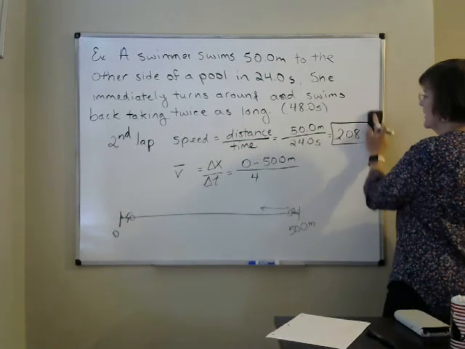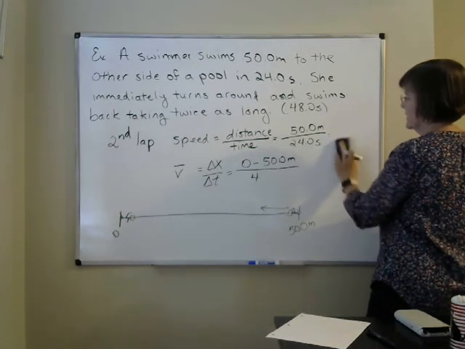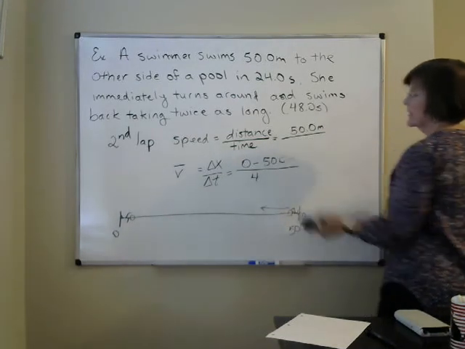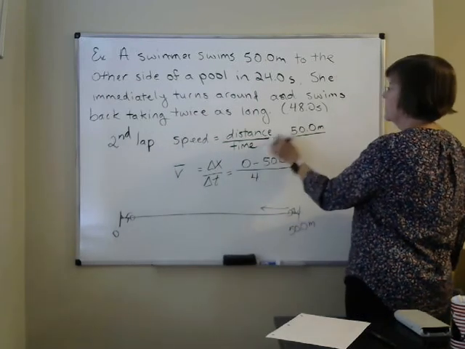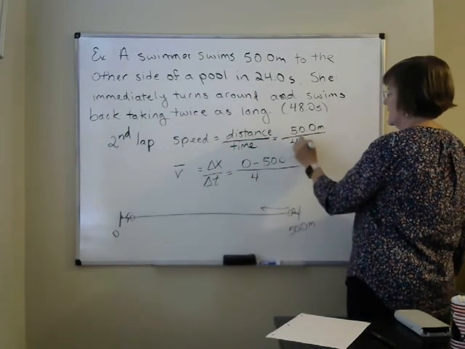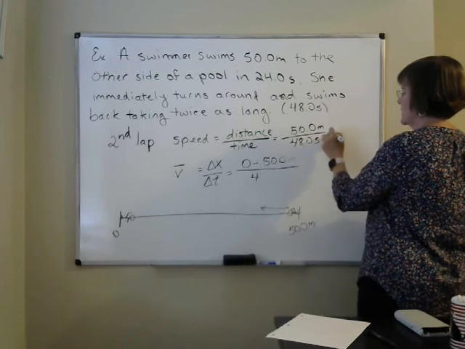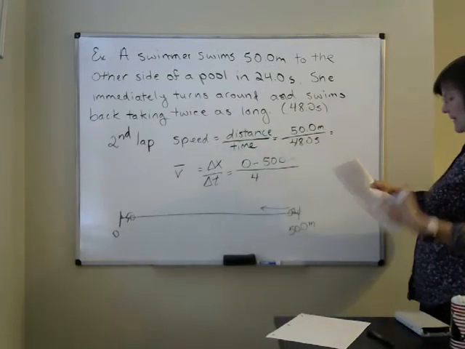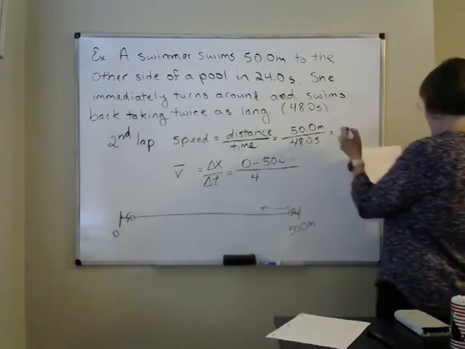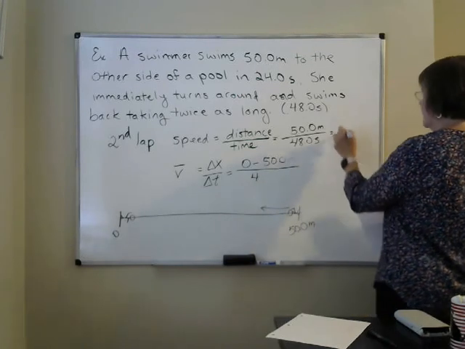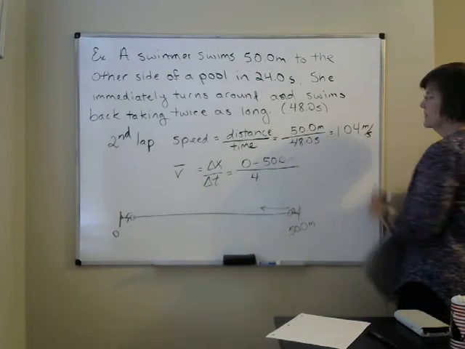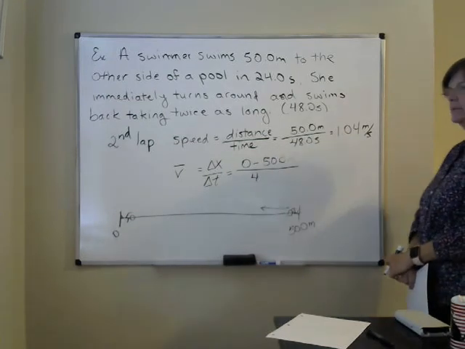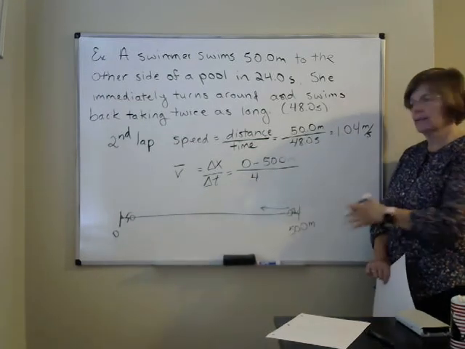This won't be the same because she swam slowly. Let's go back. So for the second lap, her distance was 50 meters, but her time was 48 seconds. I forgot she swam slowly. So the second lap has a speed of 1.04 meters per second. Okay, that makes sense. She went twice as slow.